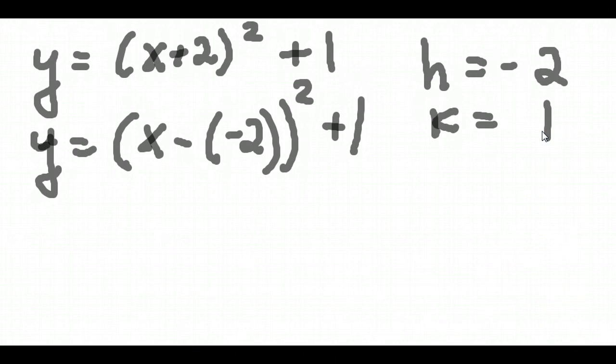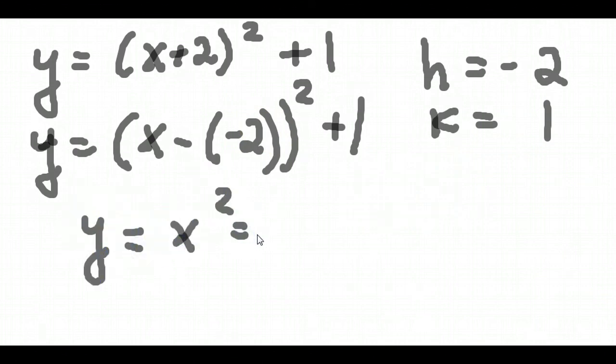The graph has the same shape as the graph of y equals x squared. So let's talk about what a graph of y equals x squared looks like. There's a graphic in the textbook, but they have 3 or 4 on top of each other, so I don't want to look at it. I'm just going to explain it.